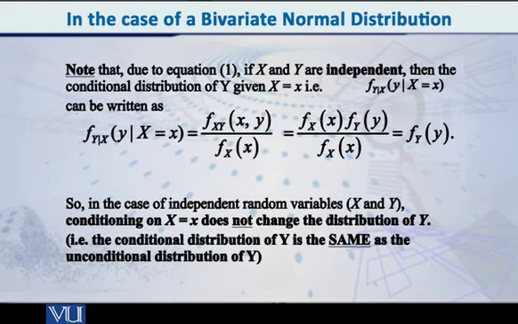As you can see on the screen, we can say that the conditional density of y given x, which is by definition the joint density f of xy divided by the marginal density f of x, because of this factorization, this expression will be equal to f of x into f of y divided by f of x. So obviously, f of x will cancel out and we are left with simply f of y.